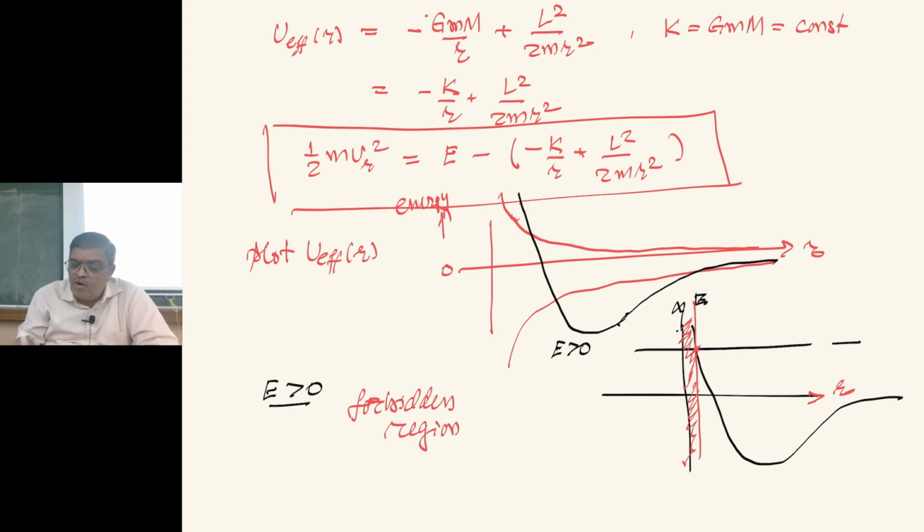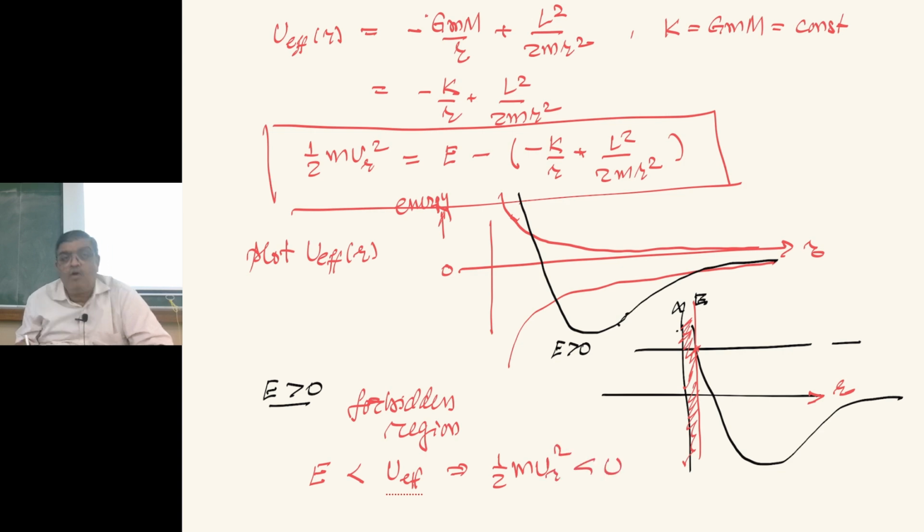Because in this region, the energy is less than the potential. Right? So that means I'm going to have 1/2 m VR squared less than 0. Is that possible? Because then VR squared would have to be negative and VR would have to be pure imaginary. That's why this region is forbidden.